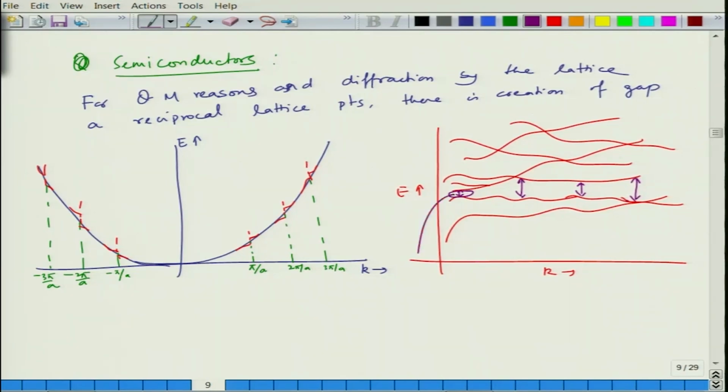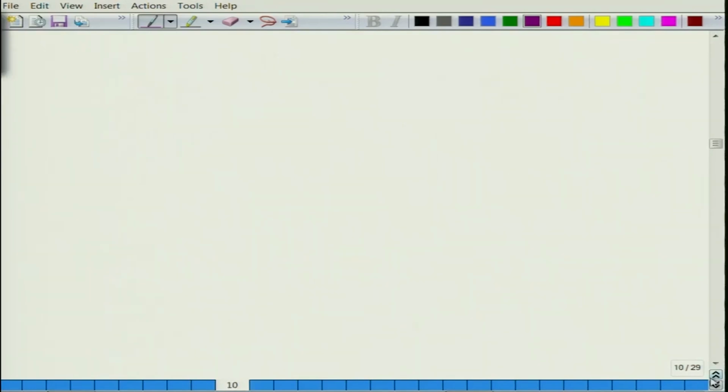This is basically what we call the forbidden gap, and this happens because of diffraction of electrons at the reciprocal lattice points. This leads to the creation of an energy gap, which is the forbidden energy gap. So you may have a situation like this in semiconductors.